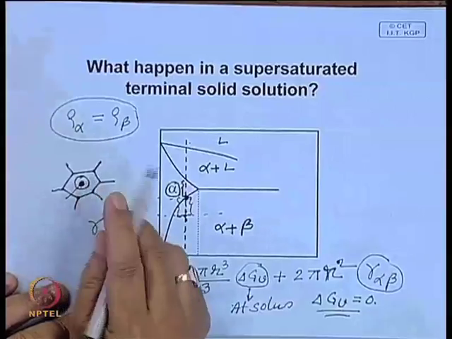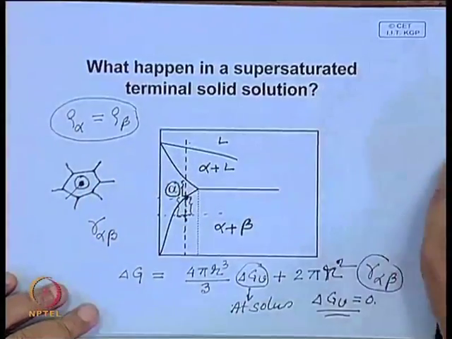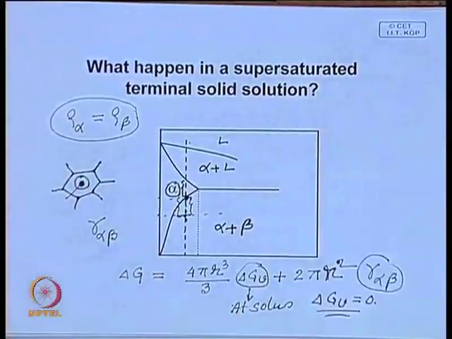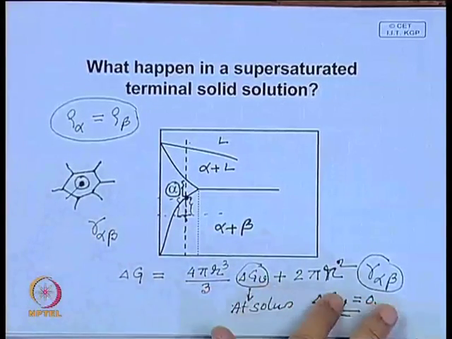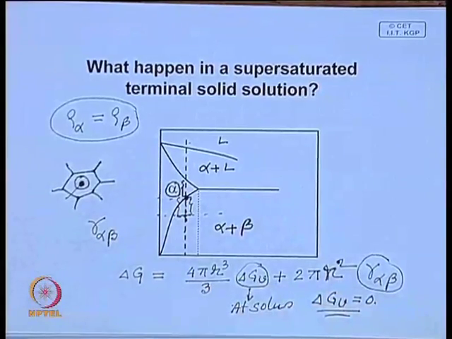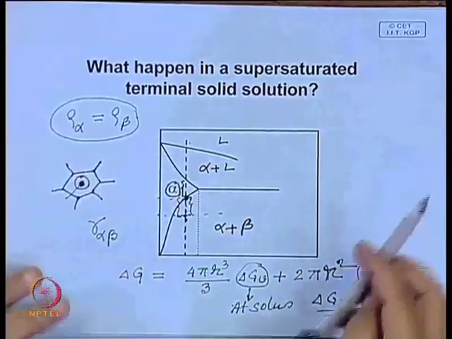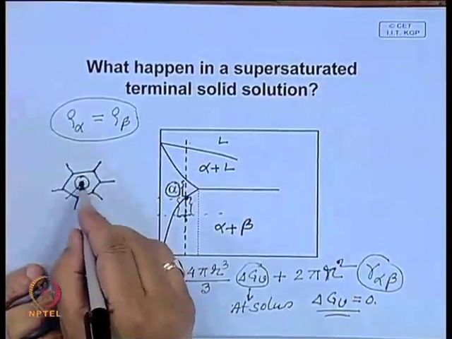There is a slight difference between solidification and precipitation. Now, when we looked at solidification, there also we applied the same principle to explain why supercooling is necessary for solidification, but in this case there is a slight difference.